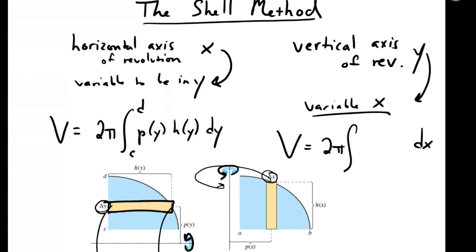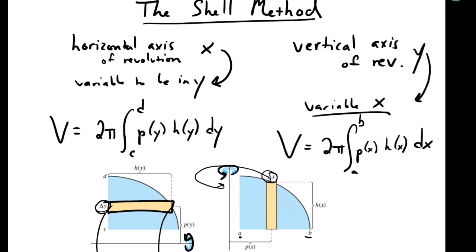And so now I'm going from a to b with p of x and h of x. So notice my top minus bottom for h, my right minus left, or down, for p, or the radius of my shell. So either way we can do it.